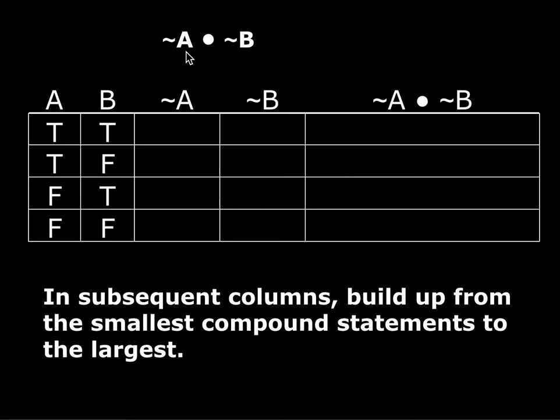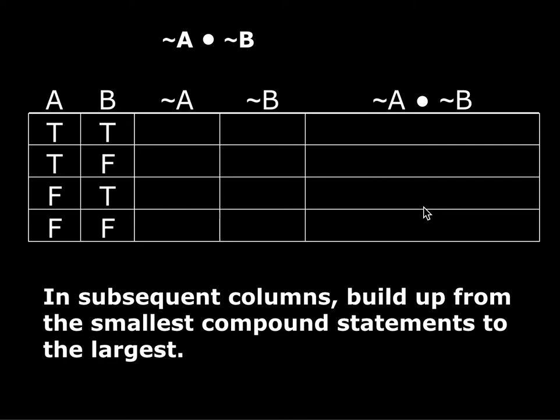Okay, so the first thing we're going to do is, up here, we've already done the atomic statements. Now we're going to do the compound statements. First, the compound statements directly built up from the atomic statements, but then we're going to get more and more complex until in the last column we get the overall statement that we're doing the truth table for.